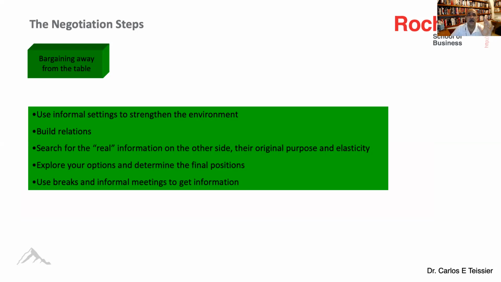It doesn't mean negotiating with party time or taking the other people to party and then having alcohol and then having them accept whatever you want. That is not it. Has nothing to do with it. It is just about taking the negotiation to a more relaxed environment. In some cultures, they do negotiations exactly in this way.